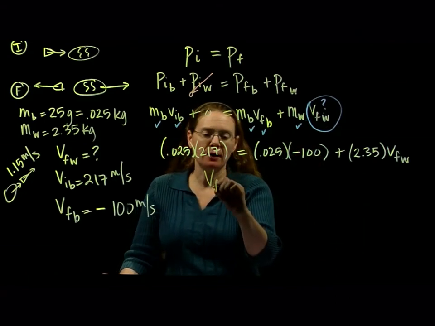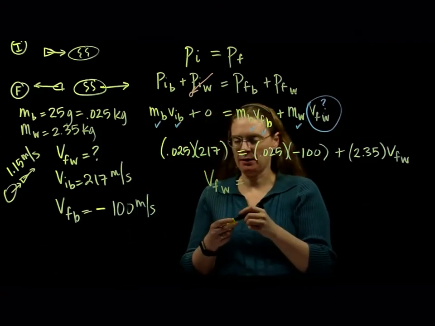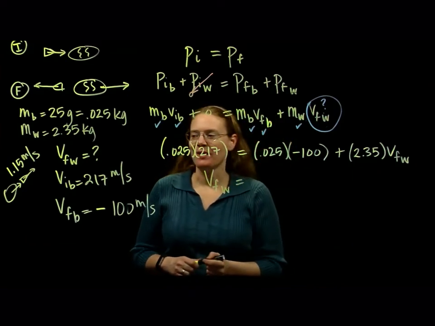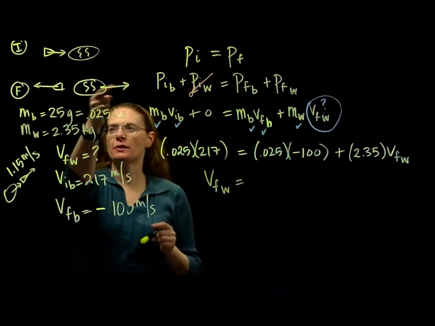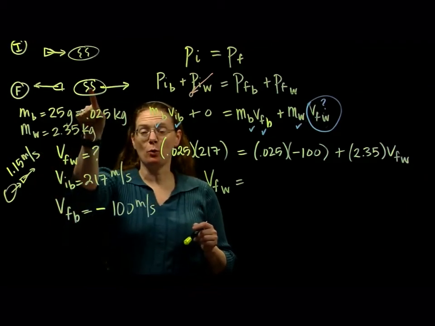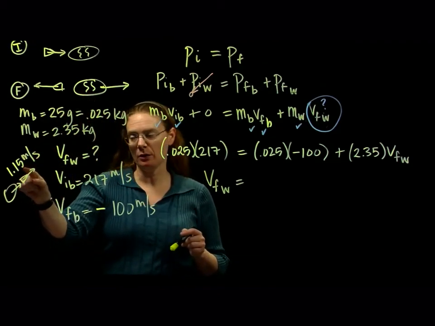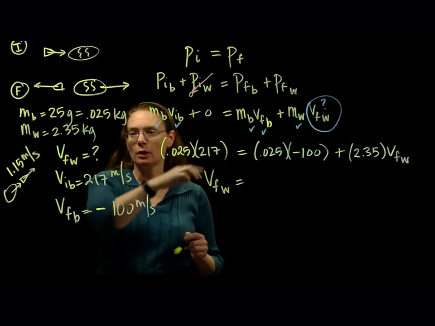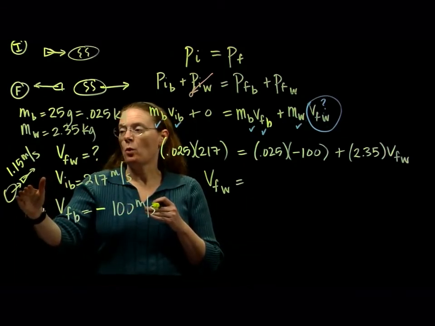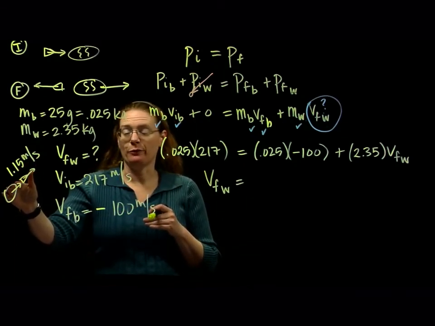And if you do the math here, all right, predict. Do you think when the bullet bounces off that the velocity of the watermelon is going to be bigger than 1.15 when it went through, equal, the same, or smaller than 1.15?